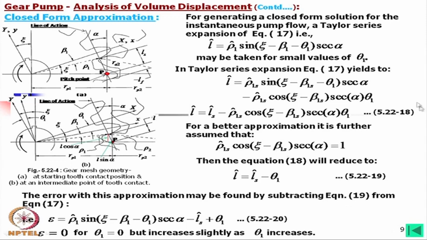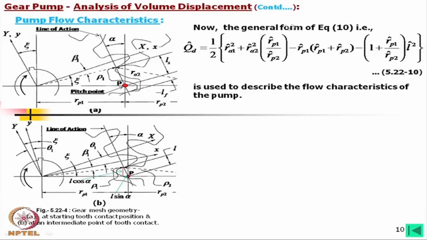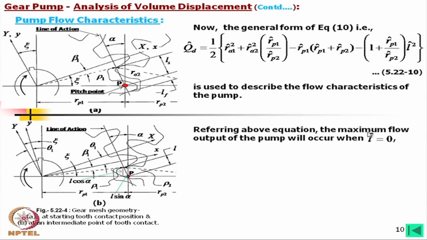However, with this closed solution, if we plot the graph for flow ripple, then we can only examine how much difference there will be. Now, again if we use this general form of equations, this L we have to express, what we have derived.